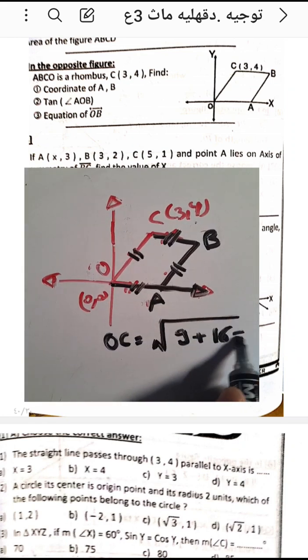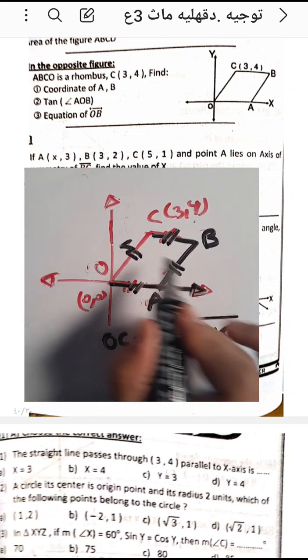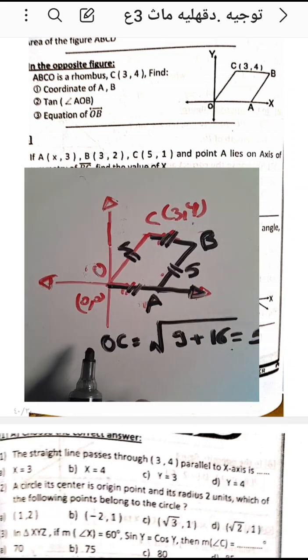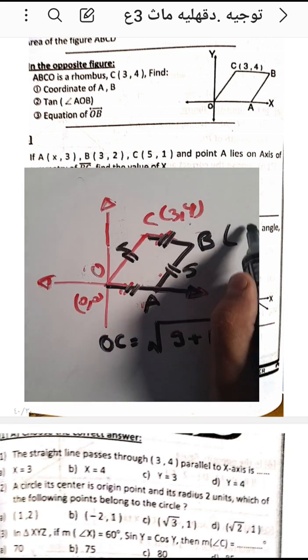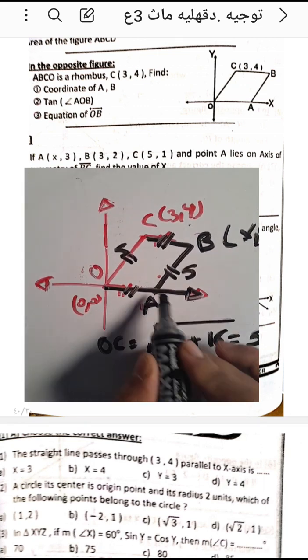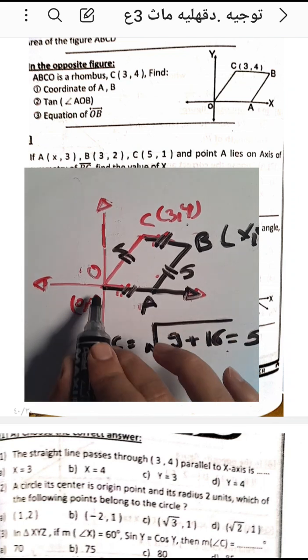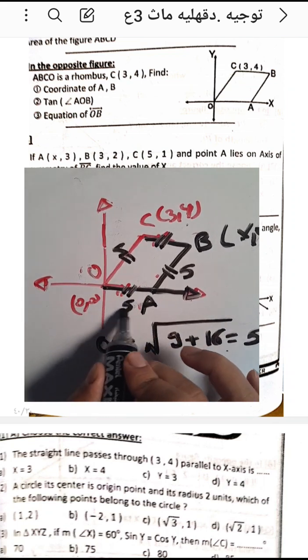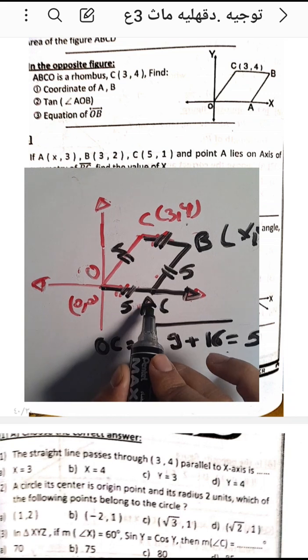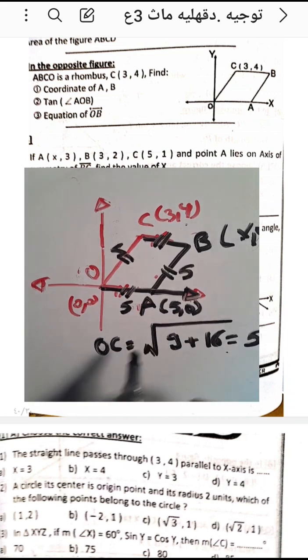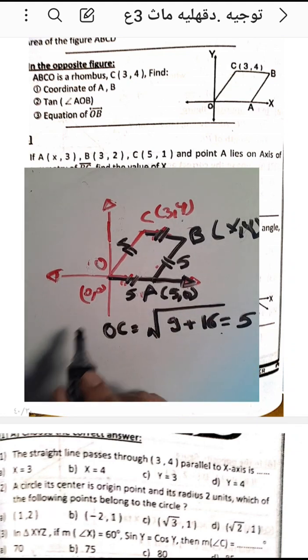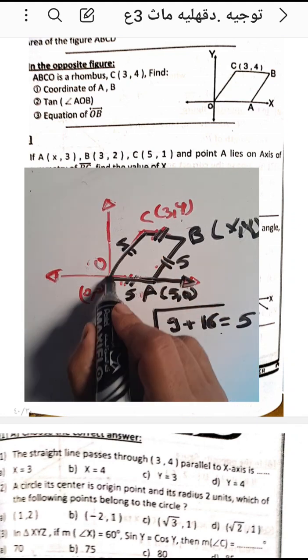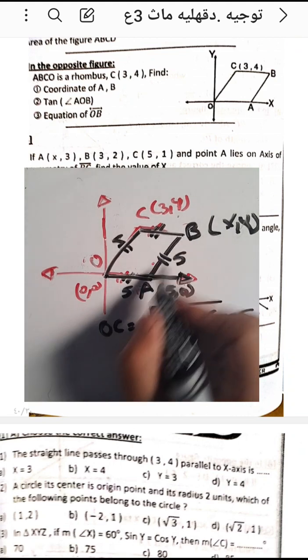The result will be 5 length units. Then the coordinates of this point will be 5 and 0, because in a rhombus all sides are equal in length. 5, 5, 5, 5, and 5 and 0 is point A.